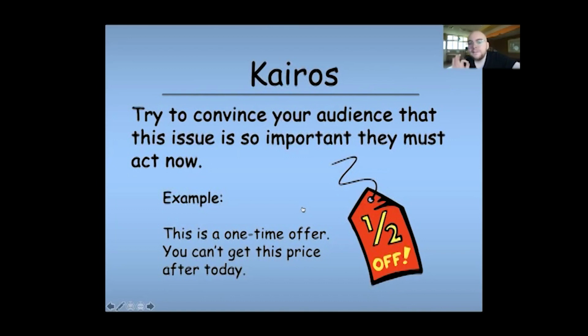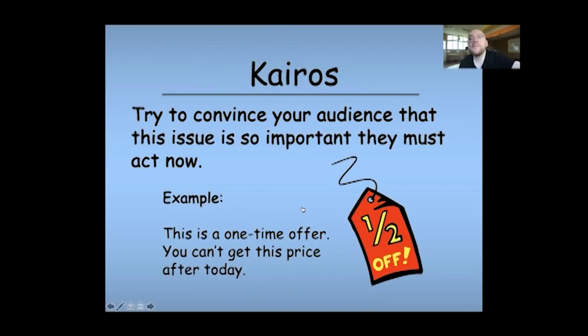Okay, so we also have some more, which is Kairos. Try to convince your audience that this issue is so important that they must act now, right? So have you ever been in a shopping mall? If you go to any store, electronic store, Hi-Mart, or fashion store, you will see many sales, right?